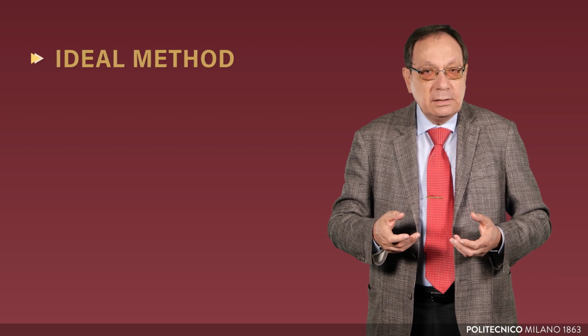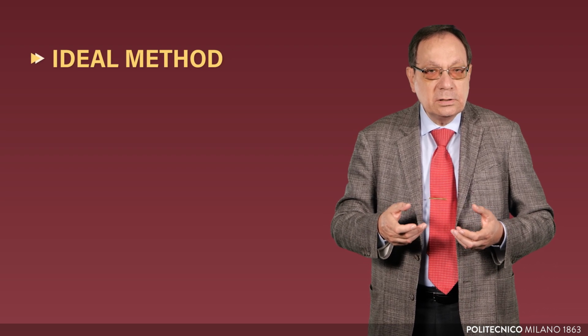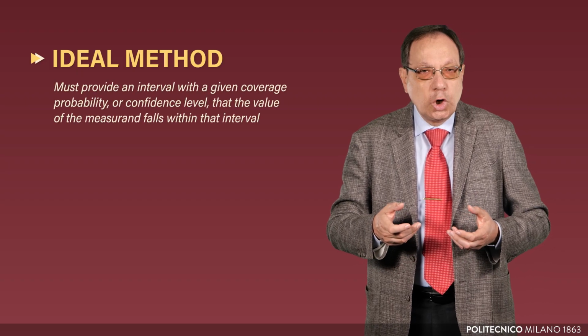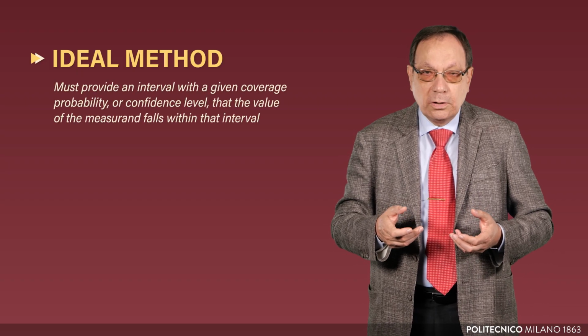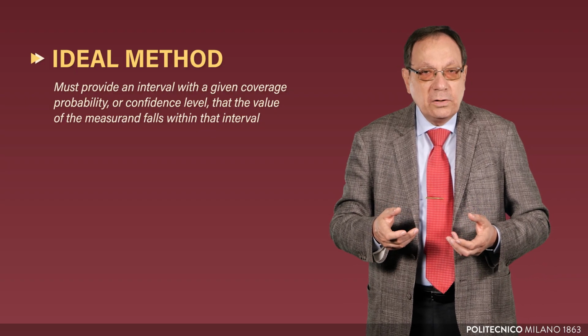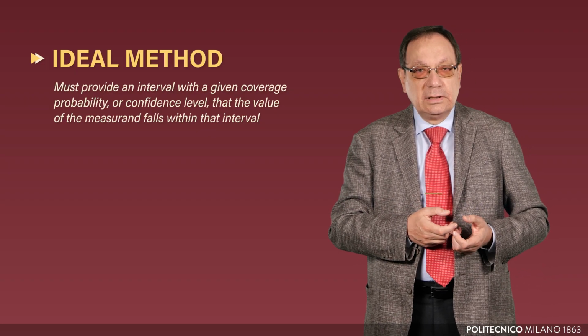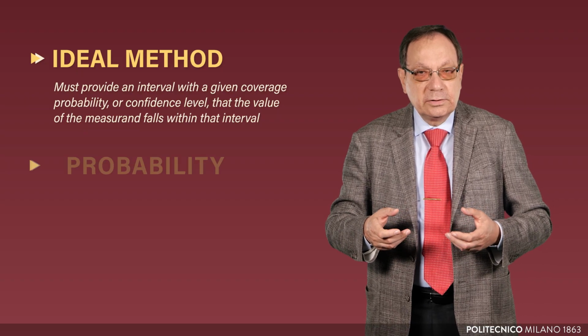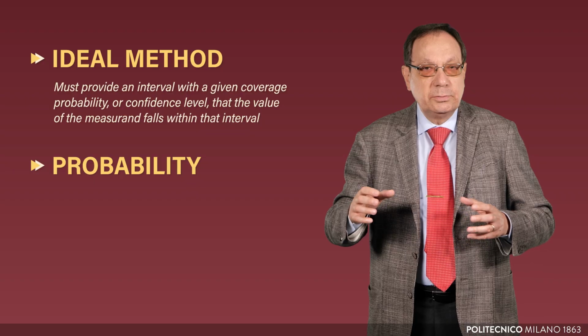It also tells us that the ideal method for expressing uncertainty must provide an interval with a given coverage probability, or confidence level, that the value of the measurand falls within that interval. You can see, then, that the need to refer to probability is beginning to emerge.